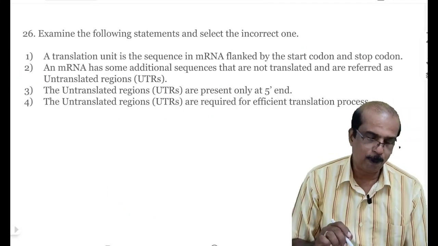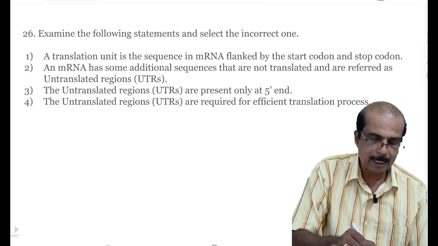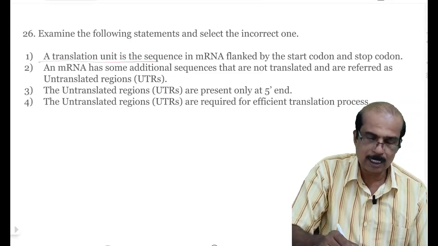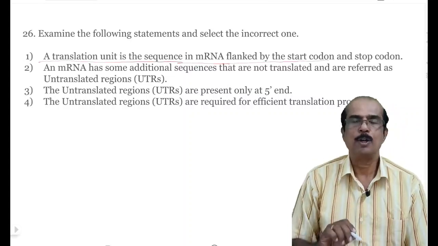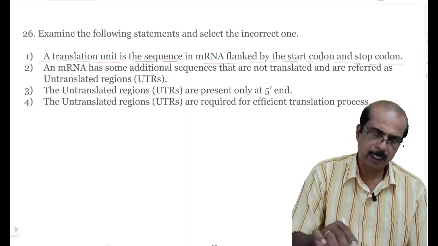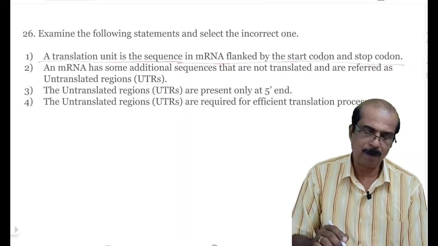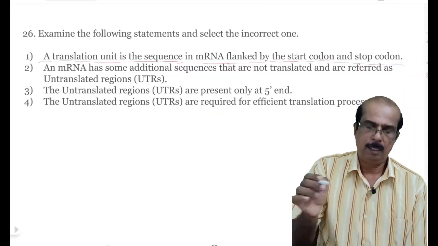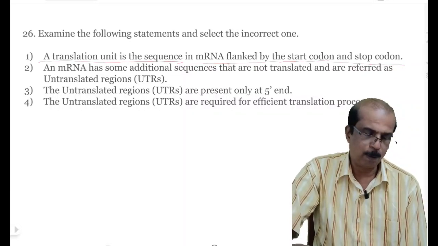26. Examine the following statements and select the incorrect one. First statement. A translation unit is the sequence in mRNA flanked by the start codon and stop codon. Correct statement. Translation unit consists of a structural gene with a start codon and stop codon.